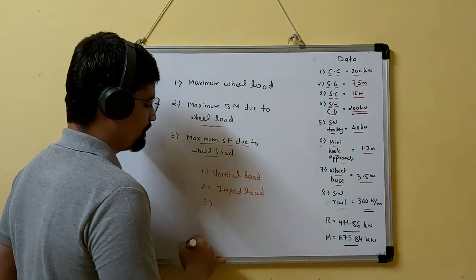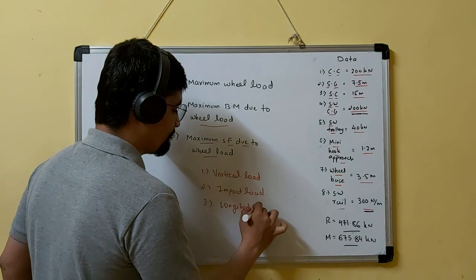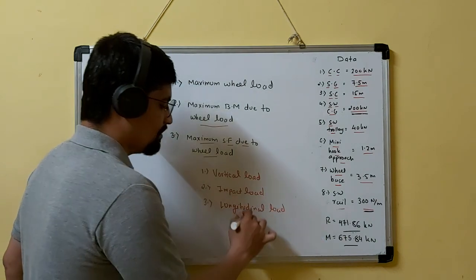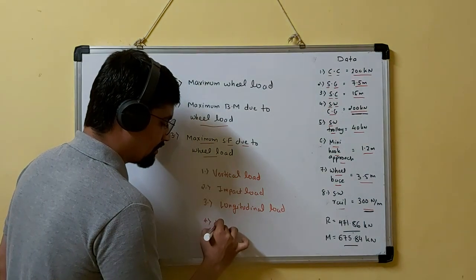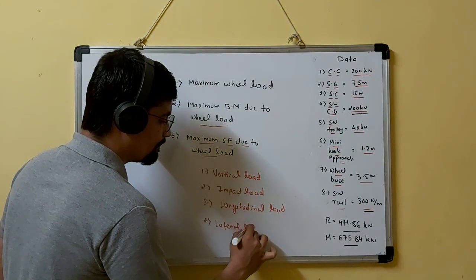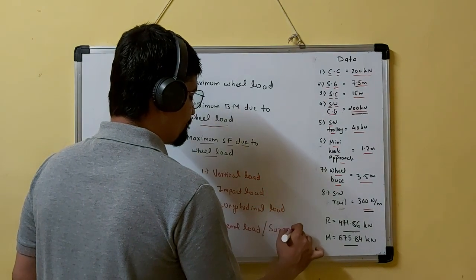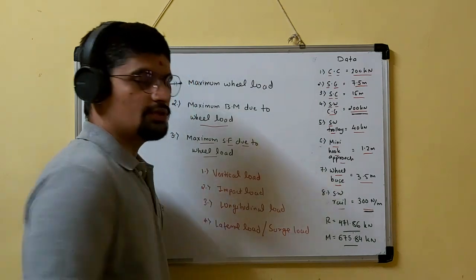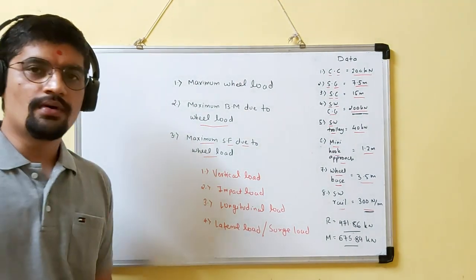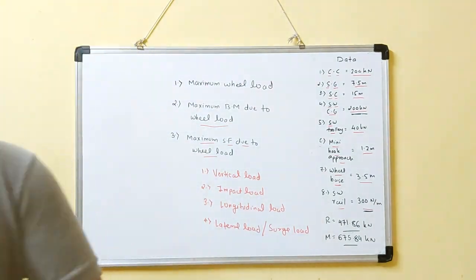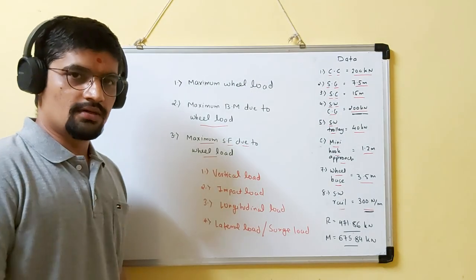Third one was longitudinal load, which is due to movement of the crane girder. And fourth one was lateral load. It is also known as surge load, which is due to movement of the trolley. So how does it occur? By this we can find the loads on the wheel of the trolley.